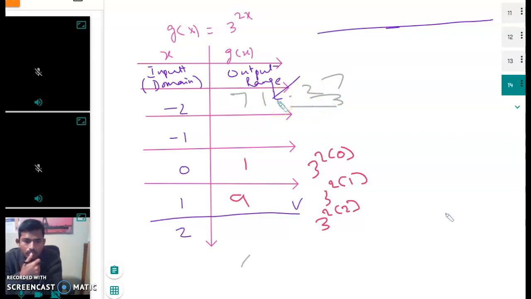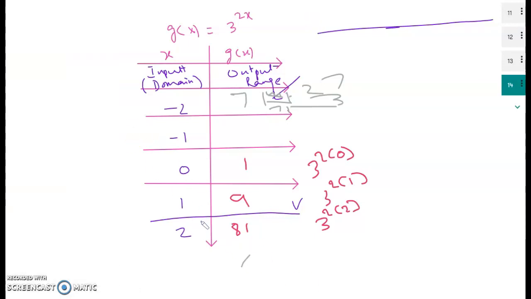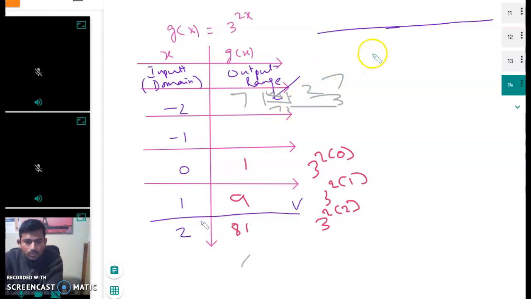Oh, is it 1 over 81? Yeah, because when you divide a number by negative, it's always... That's right. I'm going to show you quickly. If I take negative 2, 3 to the second exponent of negative 2, agree?